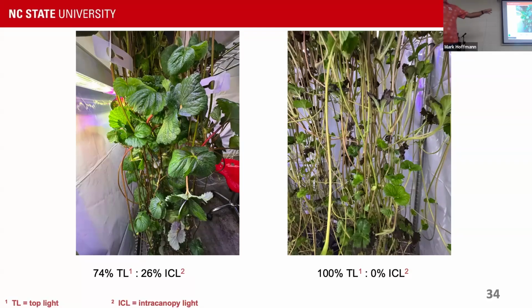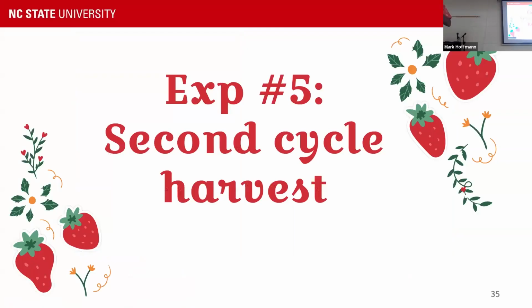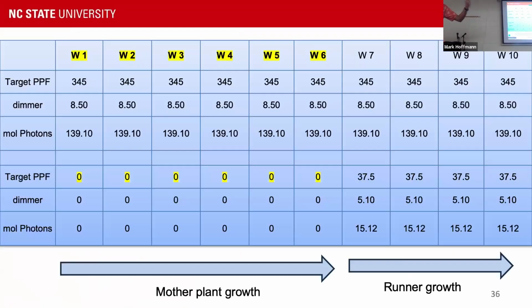So it's like 1,200 to 1,500 high-quality daughter plants with intracanopy lighting. We were curious after the second round of our intracanopy lighting, and this curiosity came from this table.